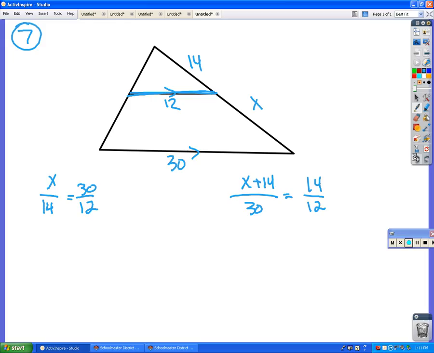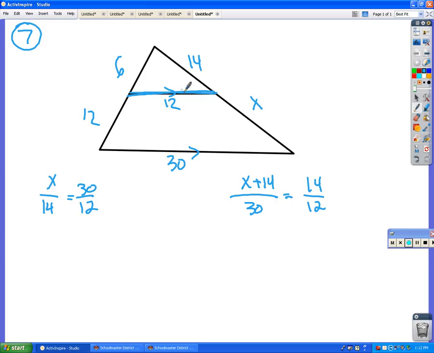So it's a little bit confusing, but you can go like, if this over here was 6 and this was 12 or something, then you can go 14 and x and 6 and 12, and that'll work out. But that's because this is a fraction of the whole triangle side, and this is a fraction of the whole triangle side. So those are basically the same kind of creatures, so you can match them up.